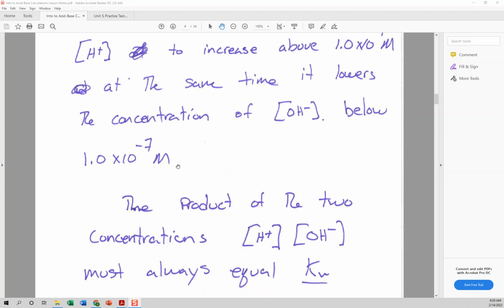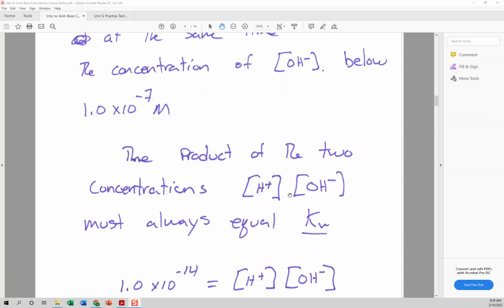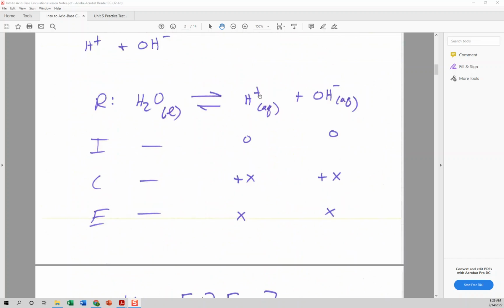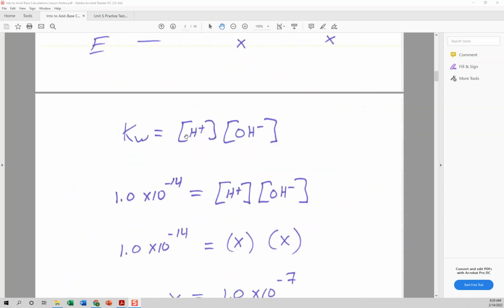All right. So the product of these two concentrations, no matter what I've added to my solution, if it's water-based, this system has to reach equilibrium, and that equilibrium position at 25 degrees Celsius is 1 times 10 to the negative 14, right?